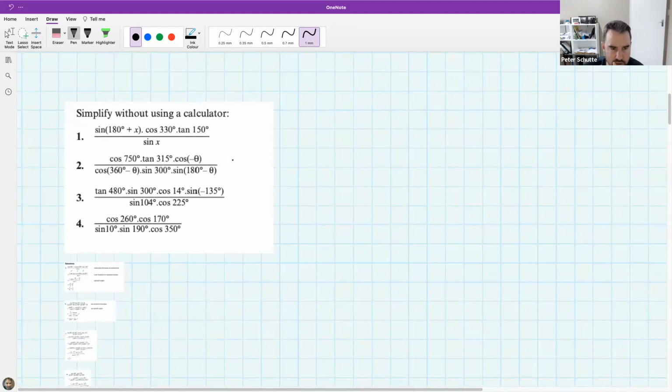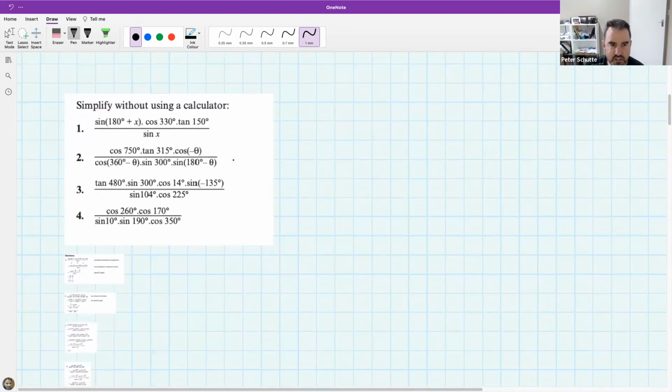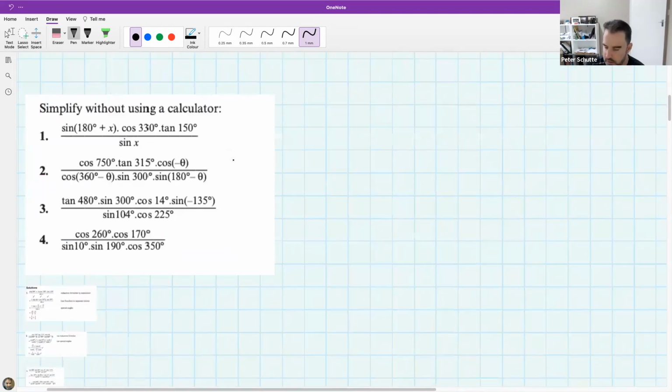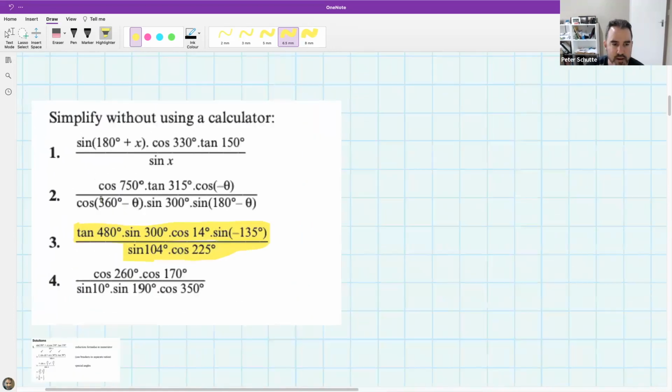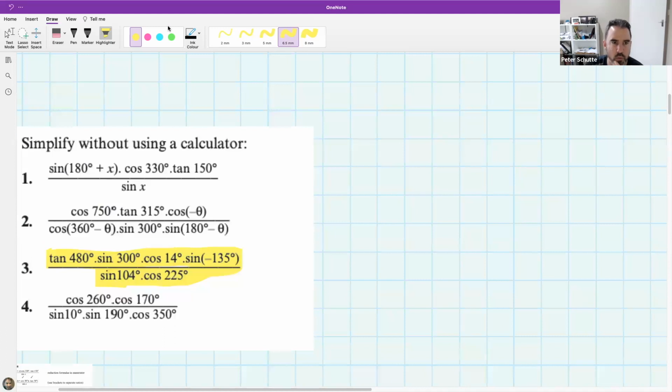This is sort of following on from the last lesson, but let's do this question over here. I want us to try and simplify without using a calculator, number 3.